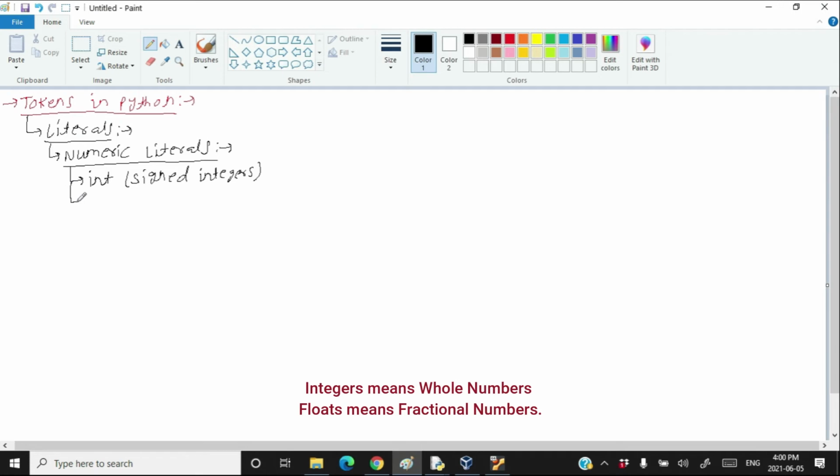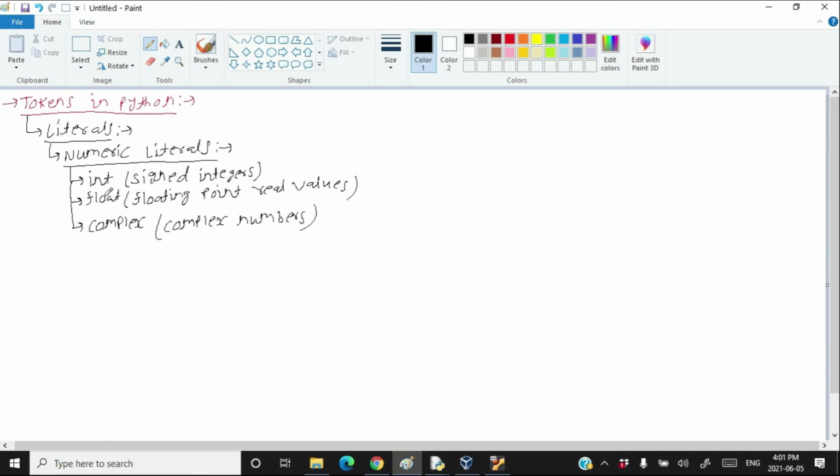The second one is float. Float numeric literals are called floating point real values. And then you have complex numeric literals, to represent complex numbers. Int means whole numbers. Float means fractional numbers. And complex means complex numbers. At this point of time, you may not know about complex numbers, but you will learn about them in mathematics.